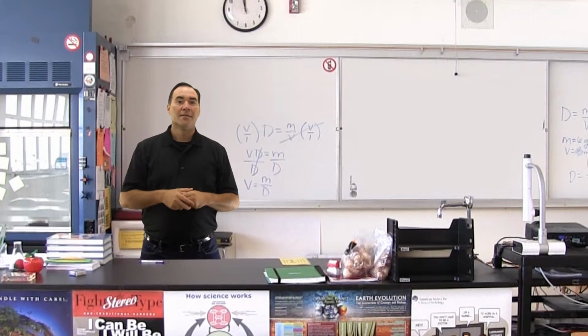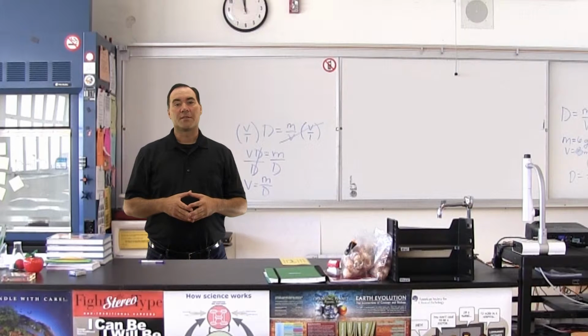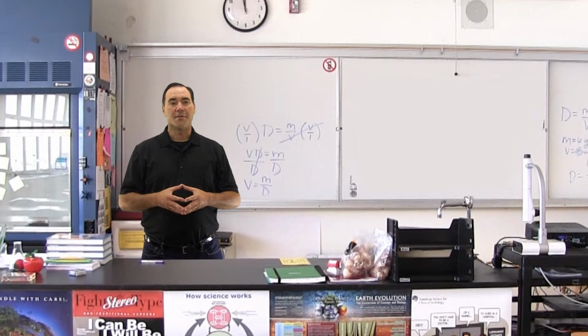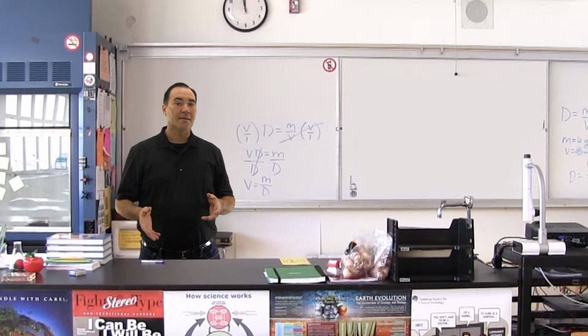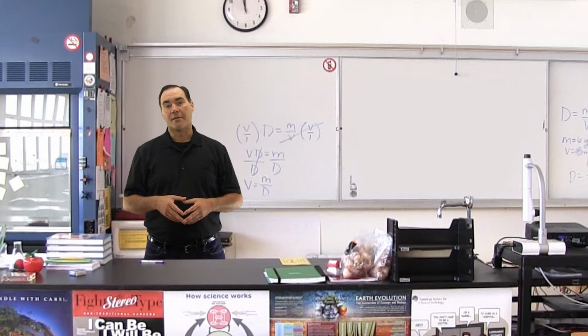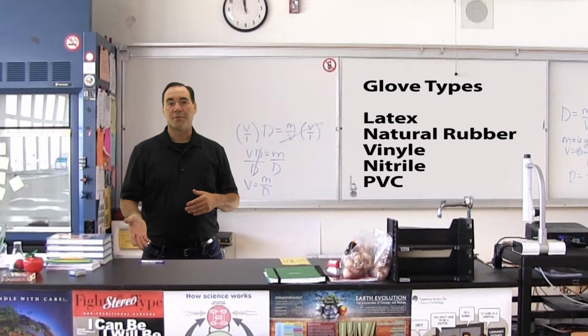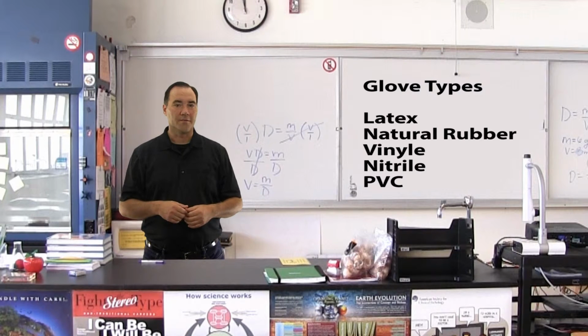Just as not all chemicals are compatible with all other chemicals, not all gloves are compatible with all chemicals. You should read the safety data sheets to determine which specific type of glove is compatible with the chemicals you are working with. Some chemicals may require latex, natural rubber, nitrile, or other chemical-resistant gloves.